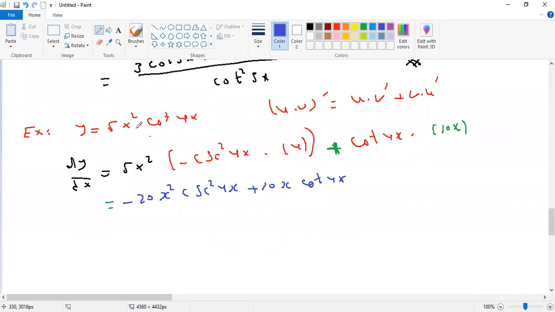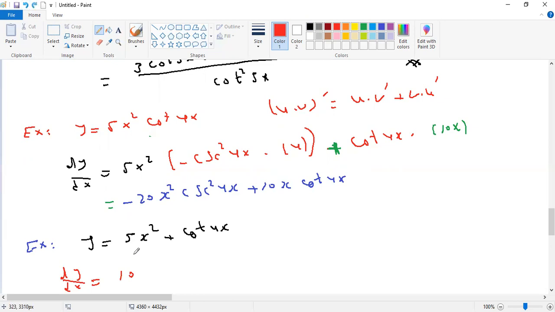But if you look at this example, if I change it and write y is equal to 5x squared plus cotan 4x, now the derivative is term by term. The derivative of the first one, 5x squared, will be only 10x.